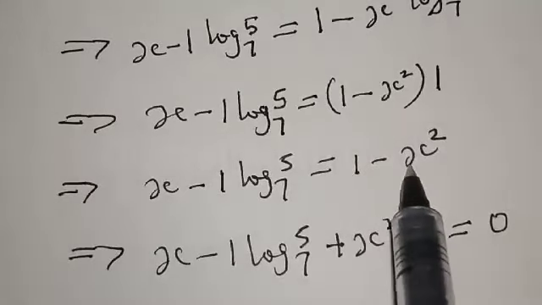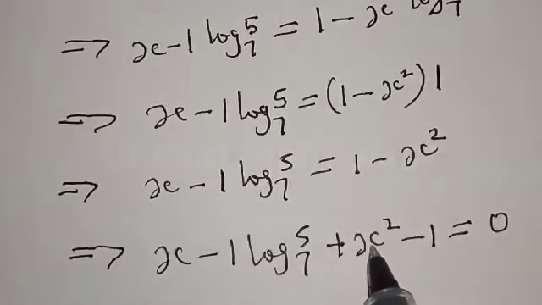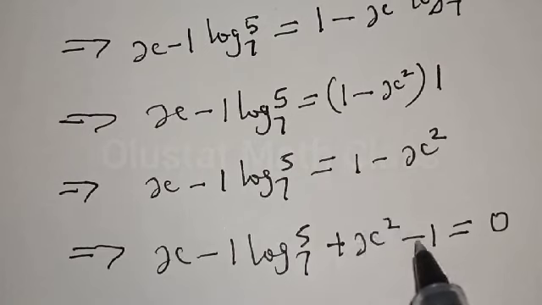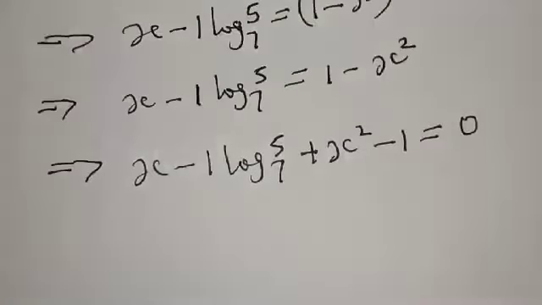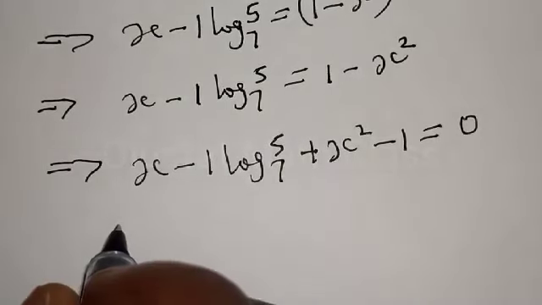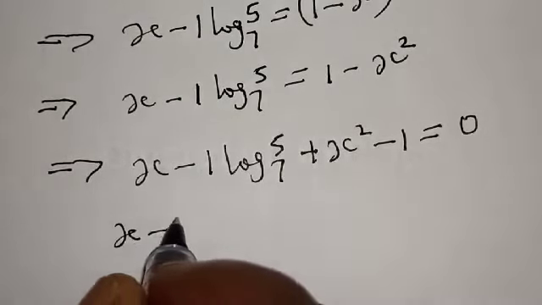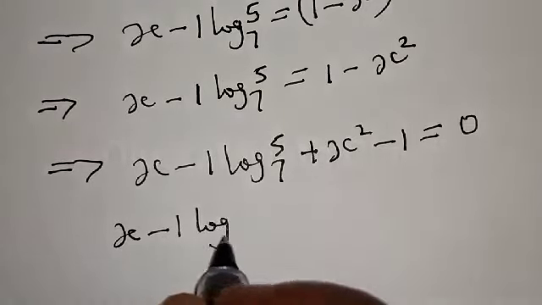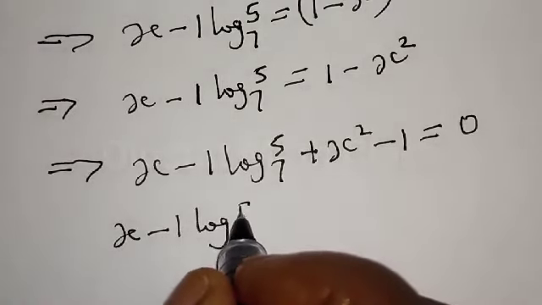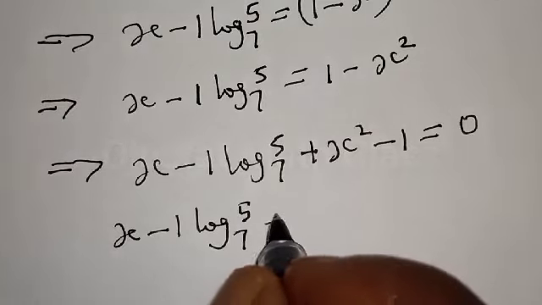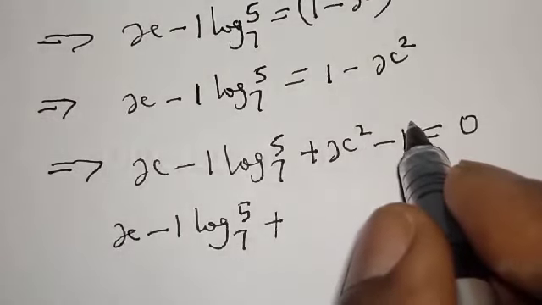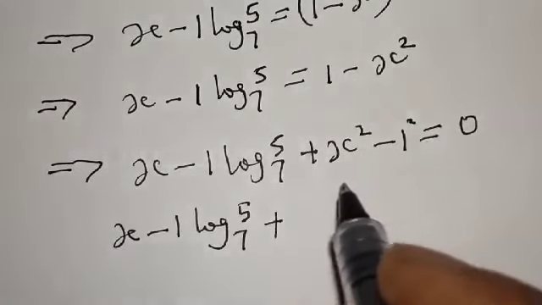That is, if minus x squared comes to the other side, it will become plus, and plus 1 will become minus 1 is equal to 0. We have x minus 1 log 5 base 7 plus x squared minus 1, which is a difference of two squares.